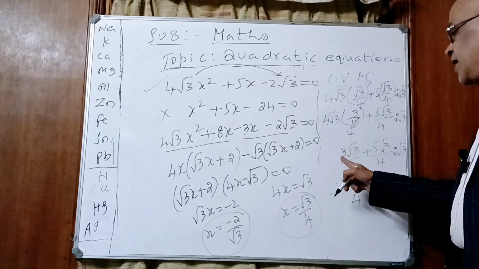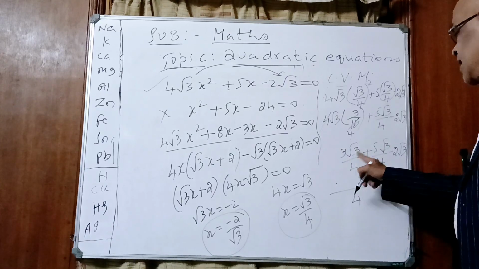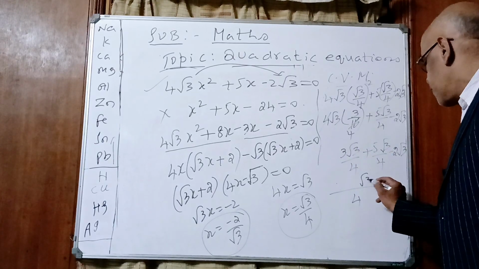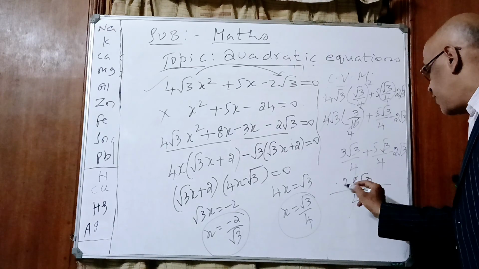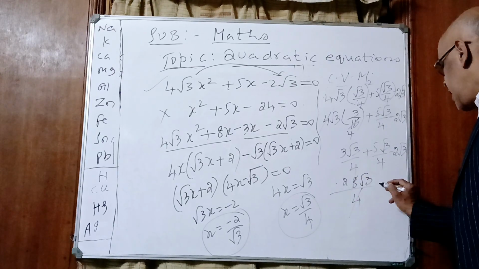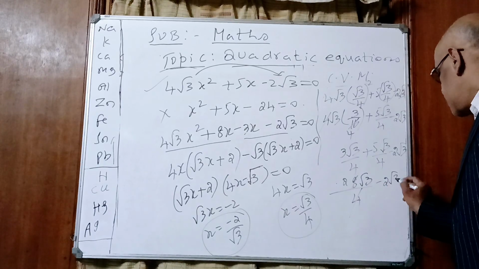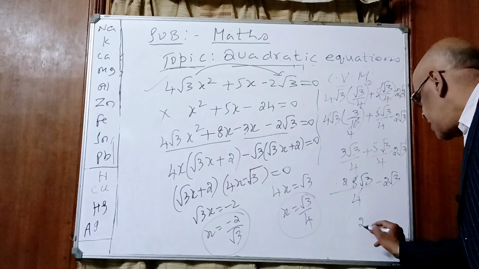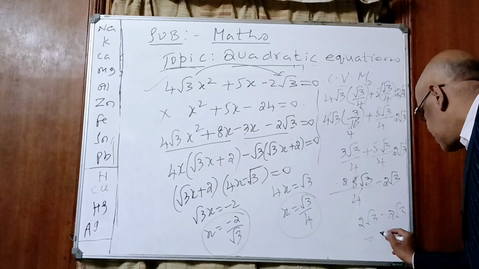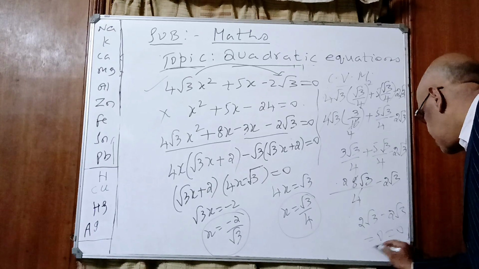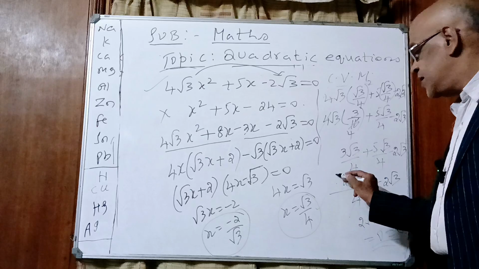We are adding two irrational numbers, the irrational part will remain the same. 3 plus 5 is 8, 4 twos are 8. Write minus 2 root 3. What will remain here? 2 root 3 minus 2 root 3 is equal to 0. LHS is equal to RHS. That's verified, our answer is correct.